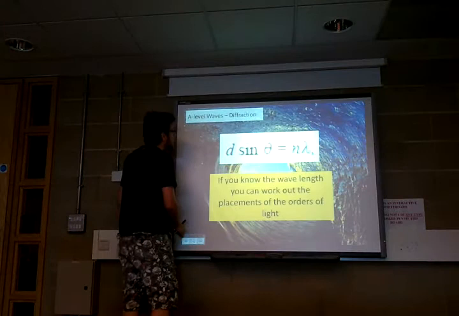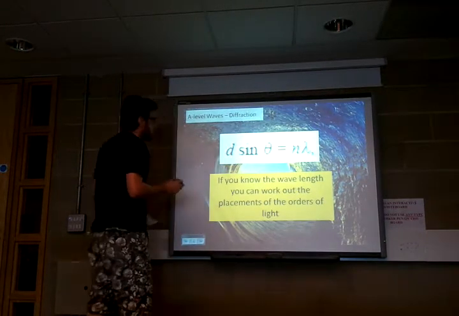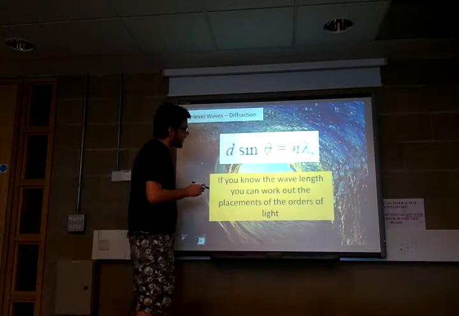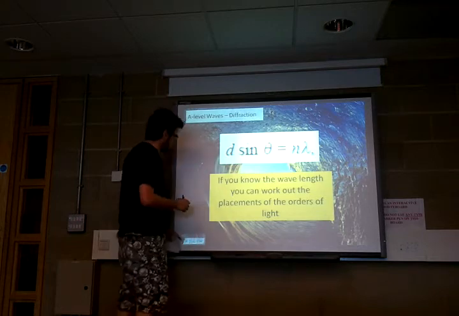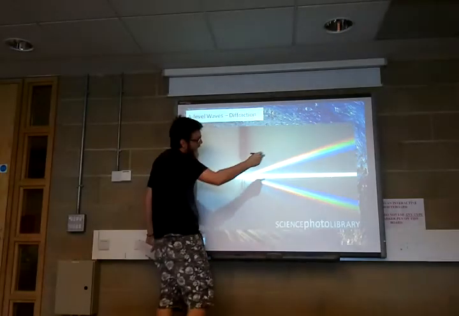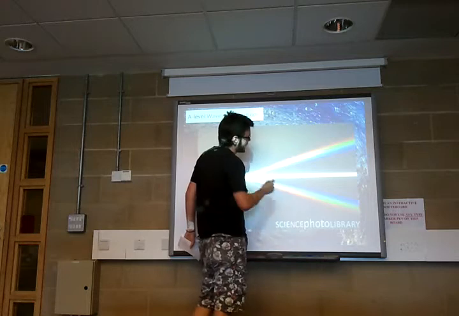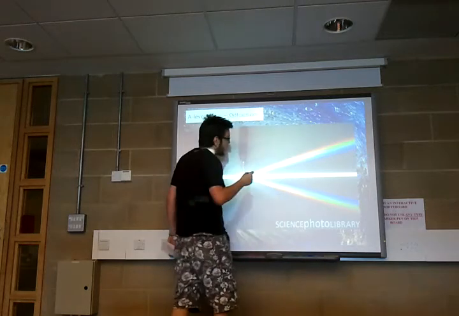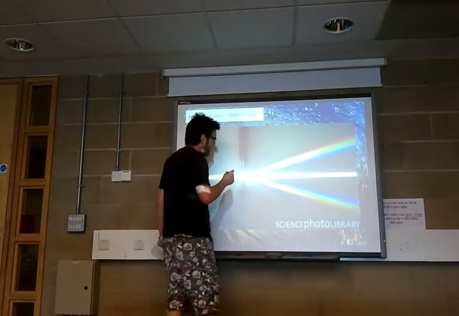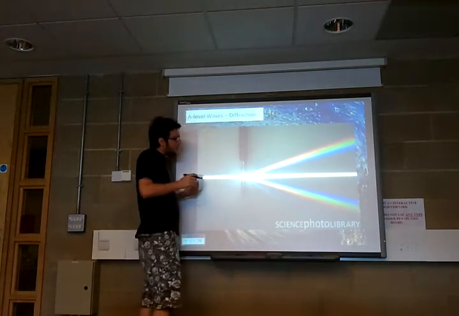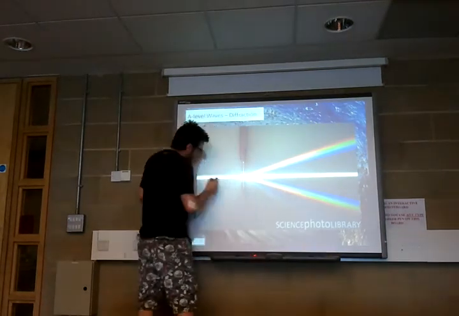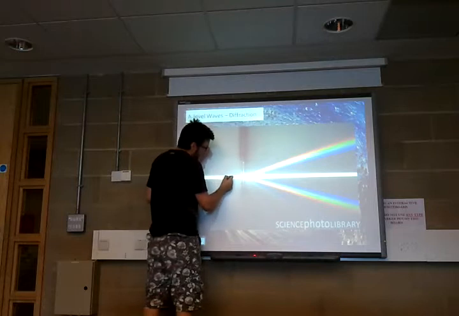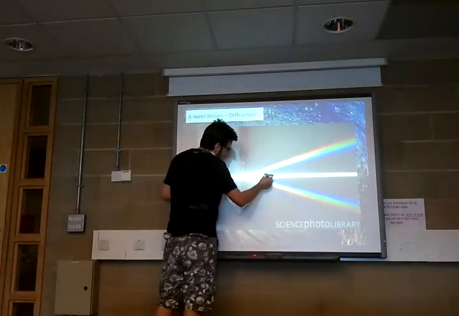So what we can actually do is, if you know the wavelength, then you can work out the placements of the orders of these lights. You can work out the angle at which these orders are going to occur away from your zero angle. Going back to angles of incidence, this would be our line of normal.